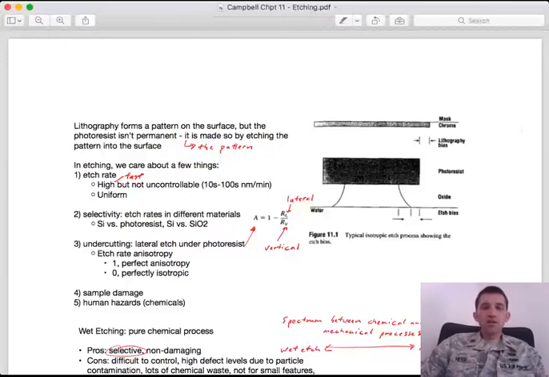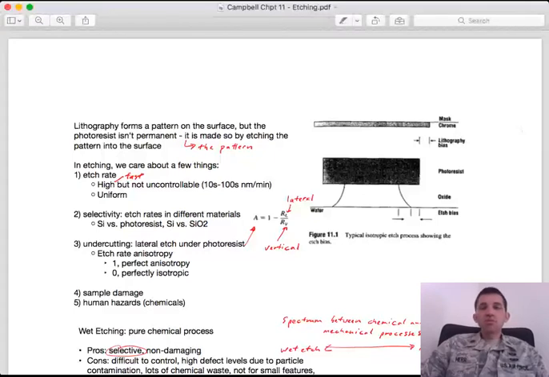Because if you need to maintain a vacuum or a flow of expensive chemicals or just need to buy the equipment in the first place, you want to have relatively high throughput, and for that, each individual product piece needs to be completed relatively quickly. So you want a high etch rate, meaning you're going to remove material quickly, in the region of tens to hundreds of nanometers per minute.